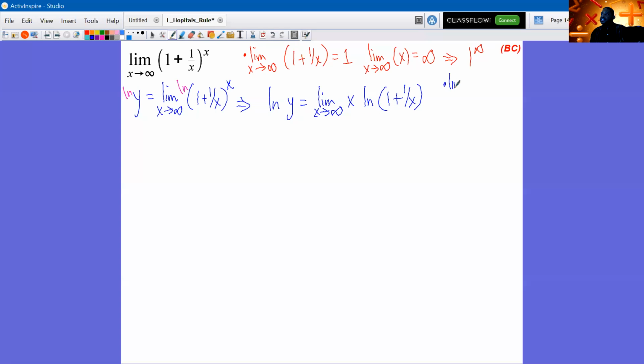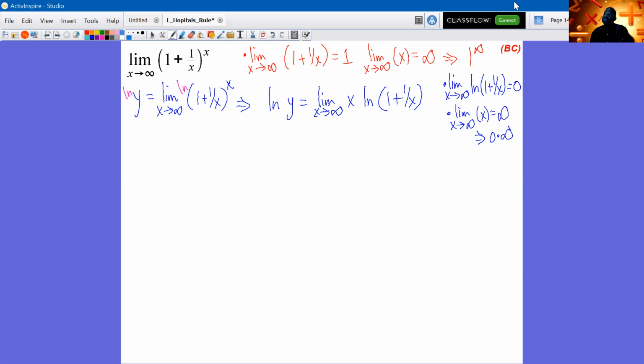The limit as x goes to infinity of natural log of 1 plus 1 over x, well, we knew this was 1 before, but ln of 1 now is 0. And the limit as x goes to infinity of x is infinity. So now we have the indeterminate form 0 times infinity.